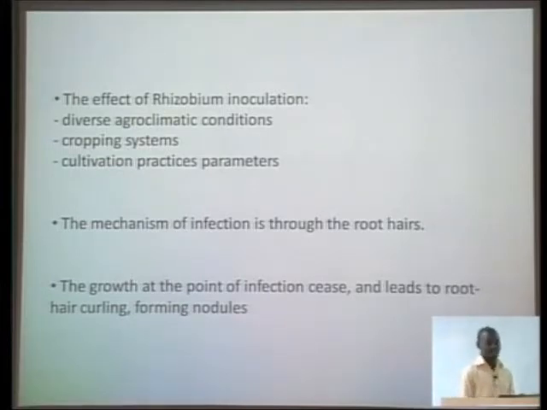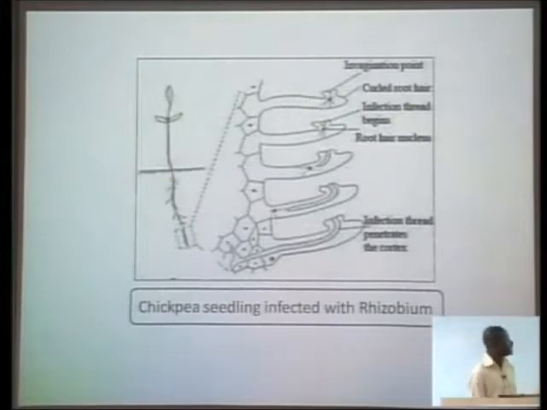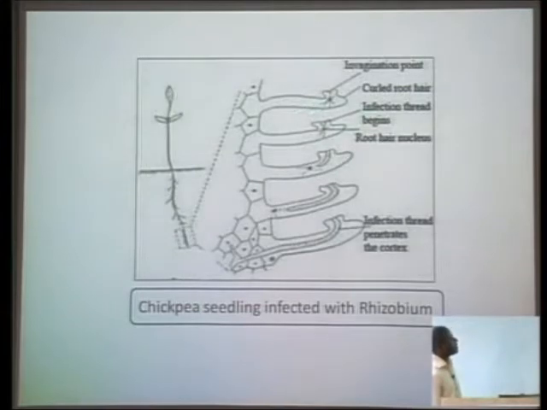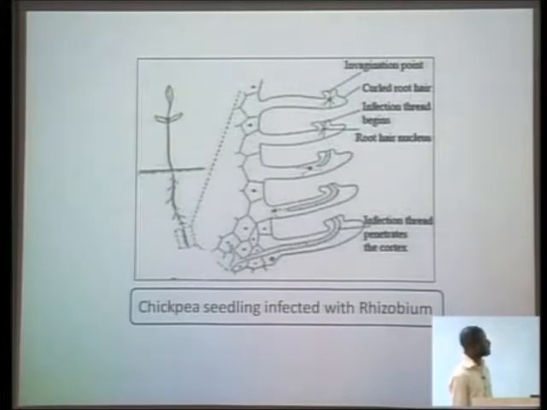The most common mechanism of infection is through the root hairs. As soon as the rhizobium penetrates the root hairs, the point of infection stops growing and then begins to curl, forming nodules. This diagram summarizes the penetration of the rhizobium into the root system of the chickpea. This is a chickpea seedling, and this is the root being infested with the rhizobium.